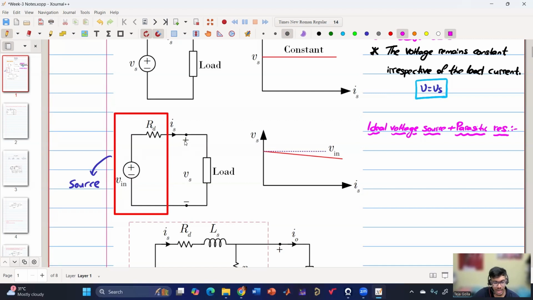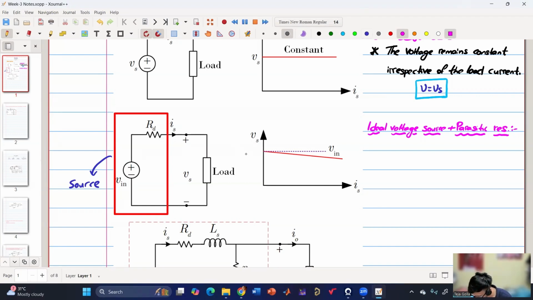Now, if I want to calculate Vs, can anyone tell me the expression of Vs in terms of Vin, Rd and Is? Vs will be Vin minus Is into Rd. Yes.